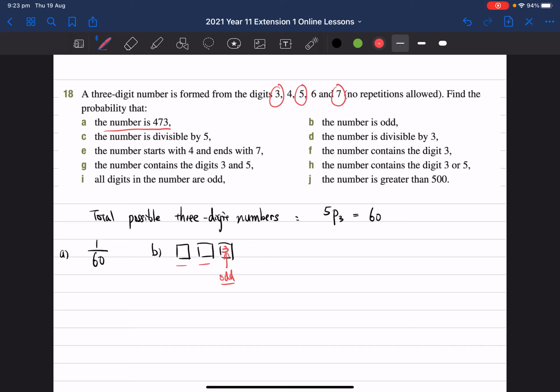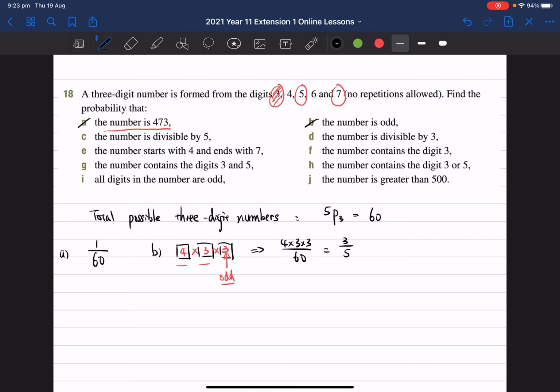Once you have these 3 numbers, I don't care about the other 2. Once you have selected one, you have 4 numbers remaining, then another 3 numbers remaining here. So this is the total number of odd numbers you can get. Therefore the probability equals 4 times 3 times 3 over 60. So the answer is 3 over 5.